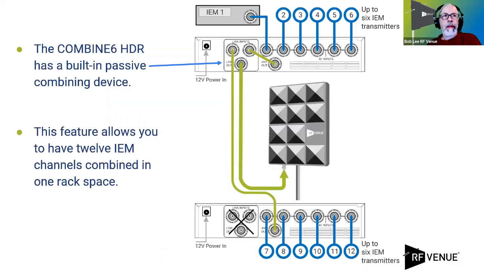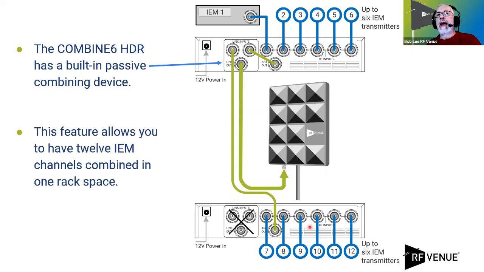So getting onto that passive combining thing, now if you're using the Combine 6 HDRs, you don't actually need to buy a separate passive combiner because they're built right onto the devices themselves. It's a little feature added on.